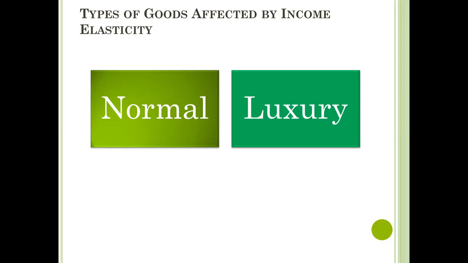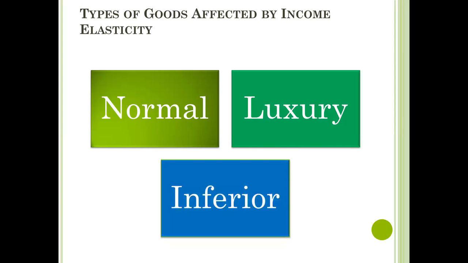For example, an 8% increase in income might lead to a 10% rise in the demand for new appliances. Therefore, the income elasticity of demand in this example is +1.25.